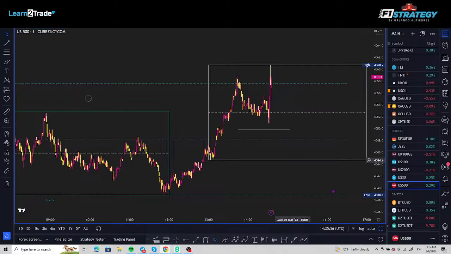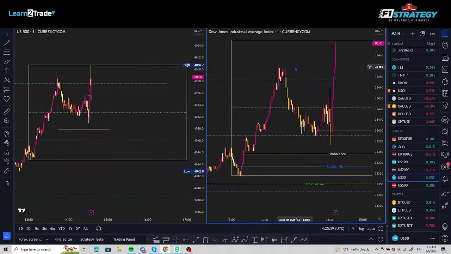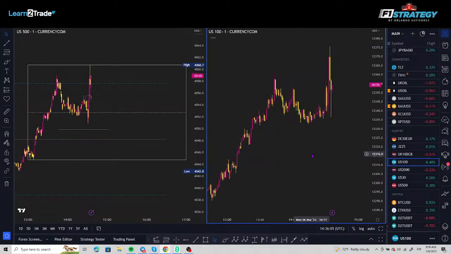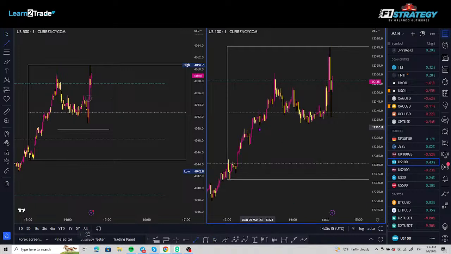Let's have a look at the Nasdaq. Oh, the Nasdaq looking beautiful. So, placing an order on the Nasdaq. What do you guys see? What I see is this. I see liquidity building up here.